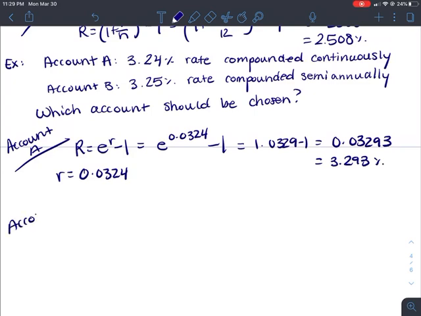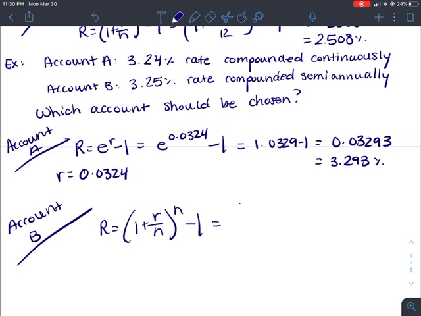Account B. Okay, this is semi-annually, so I'm going to use my other equation. R equals (1 plus r over n) raised to the n power minus 1. This is 1 plus my interest rate, so r equals 0.0325, divided by n, so my n is semi-annually.